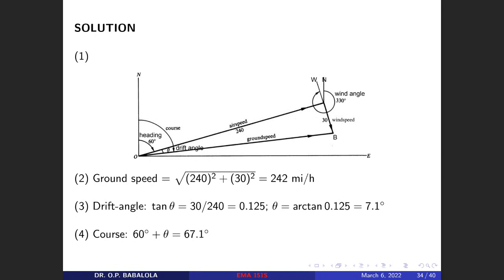I'll explain using this diagram how the jet flies. It picks up from origin 0, right? Remember, we usually draw a pole, north, east, south, and then west.